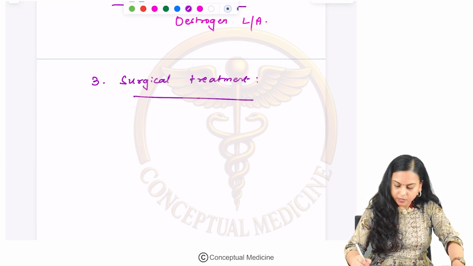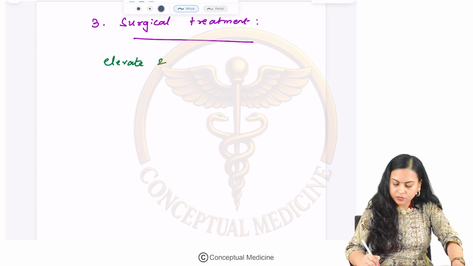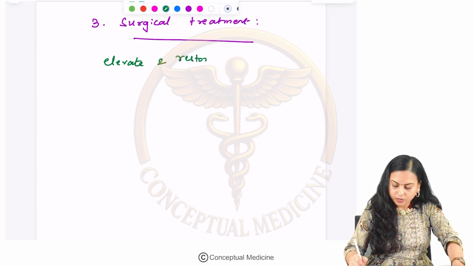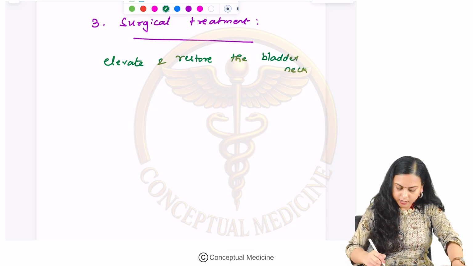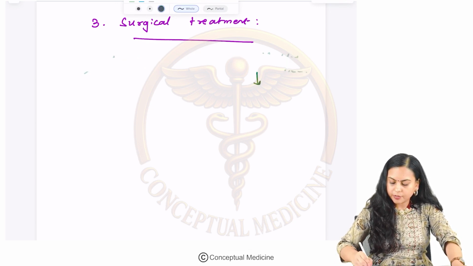where the principle of the surgery is to elevate and restore the bladder neck as well as the proximal urethra. Repeating.